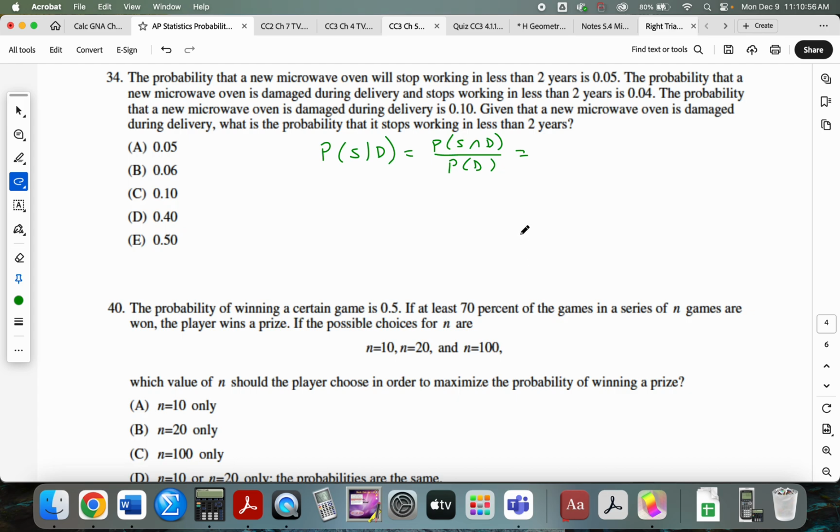So the probability that it stops working and is damaged is 0.04. The probability that it's damaged is 0.1.